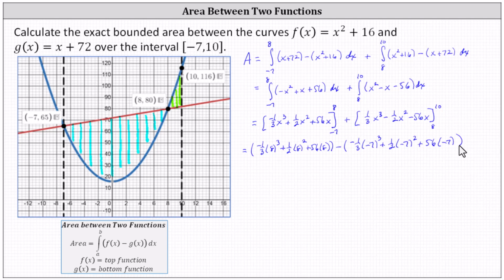And now looking at the second part, we need to find big F of 10 minus big F of 8. So we have plus big F of 10. We substitute 10 for x. Minus big F of 8.